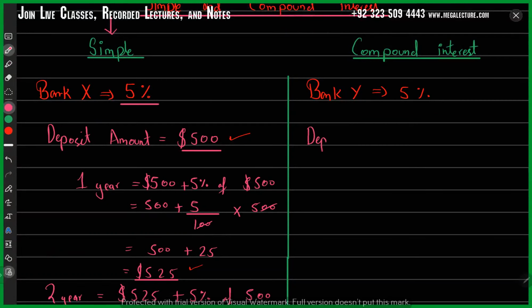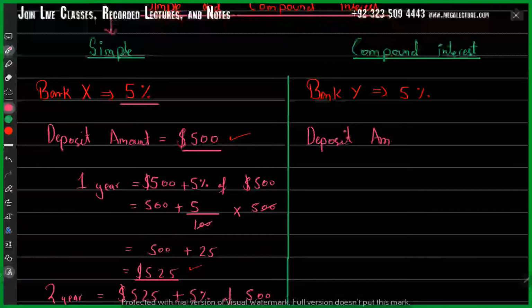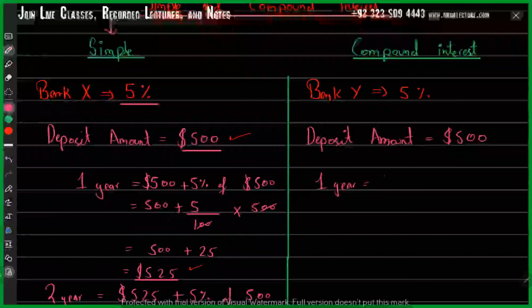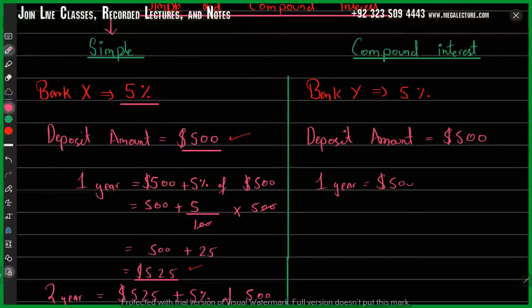So the deposit amount is $500. After the first year, again, I would have $500 plus 5% of the previous amount.